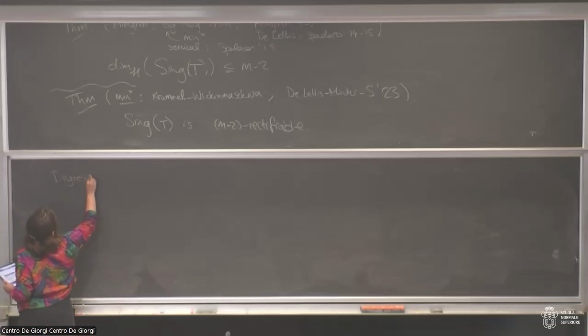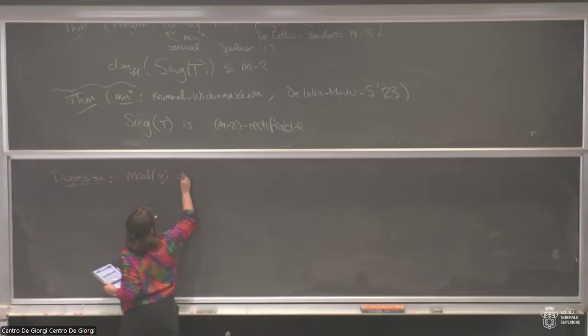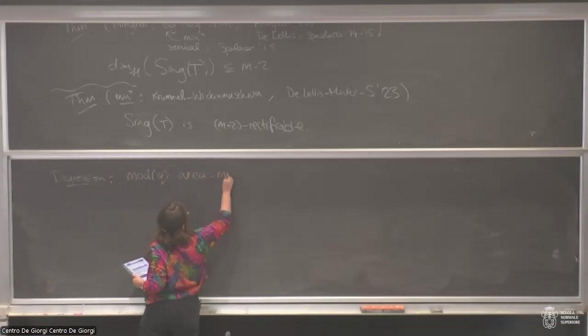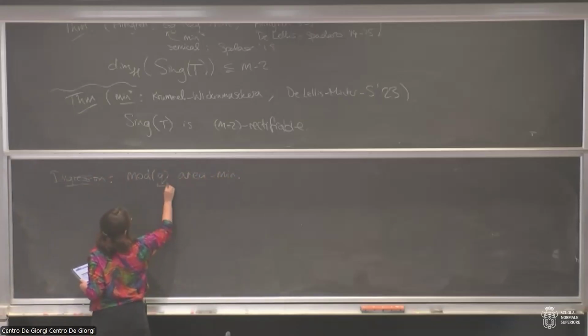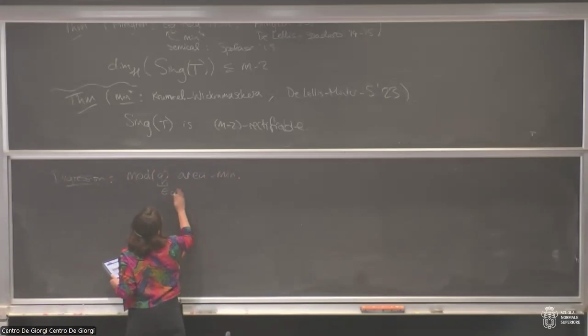So, a small digression: mod Q area minimizers. Here Q is a fixed number.